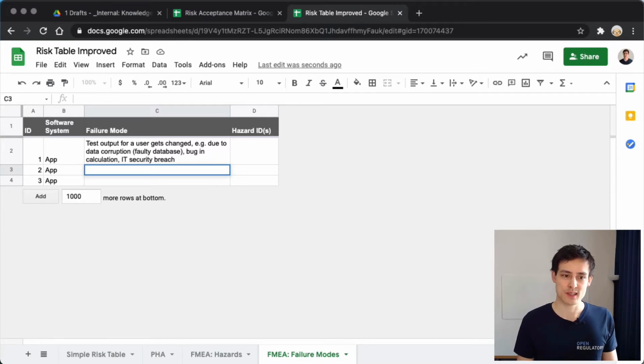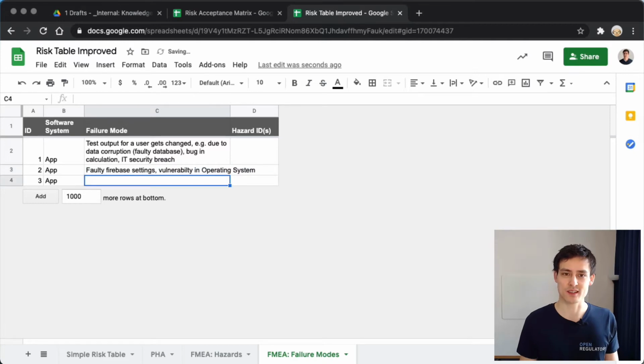So the failure mode here would be maybe faulty firewall settings, or a vulnerability in the operating system, right? And not like Clubhouse just coding it that way.